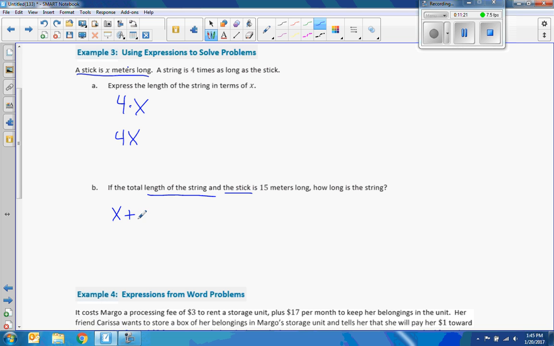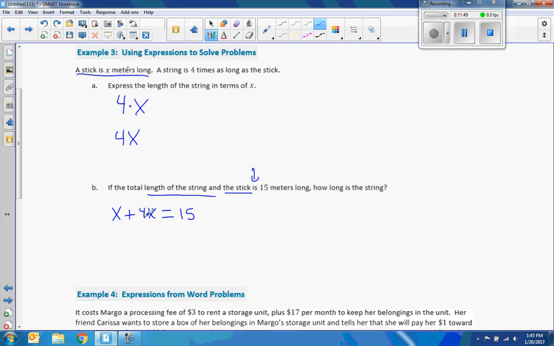The length of the string in terms of x is 4x, so it's the length of the stick plus the string, which is 4 times as long as the stick, is, the word is in math means equals, 15 meters long. So here's our equation. The length of the stick plus the length of the string, 4 times the length of the stick, equals 15.